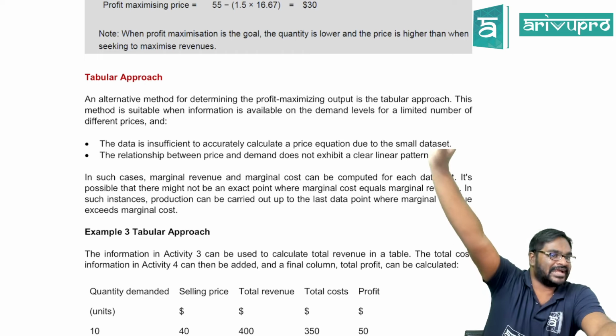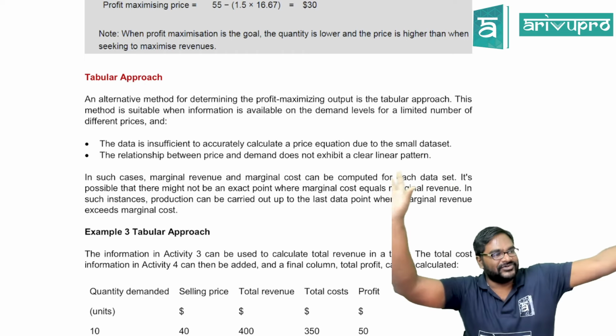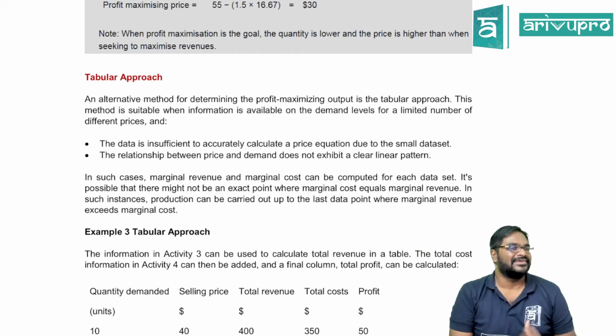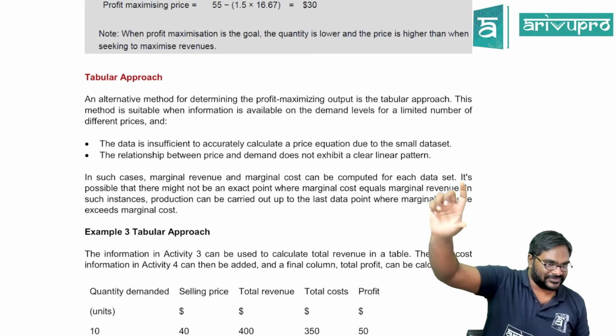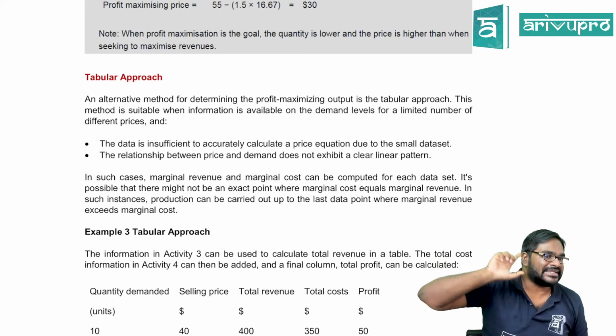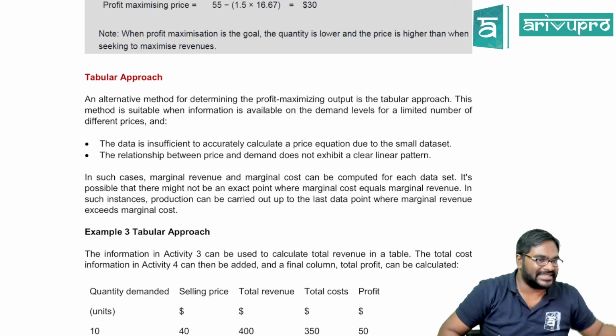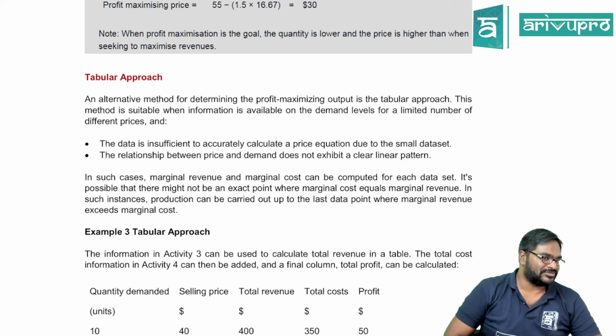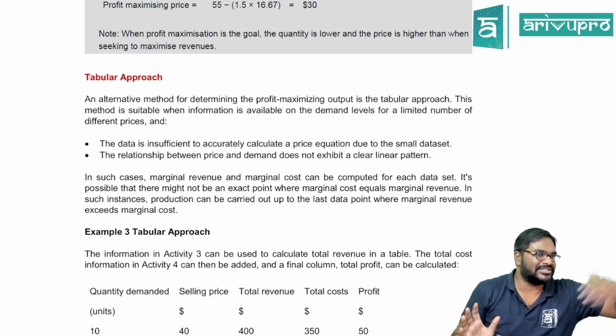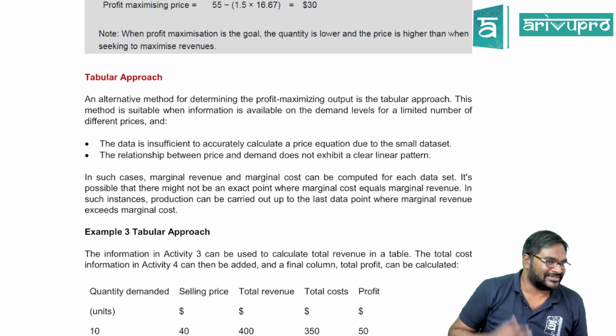To go for the graph, guys, can we focus? If we are going for the graph, at least marginal revenue should be linear, right? There should be a linear relationship at least on the marginal revenue. Otherwise, we can't do it.